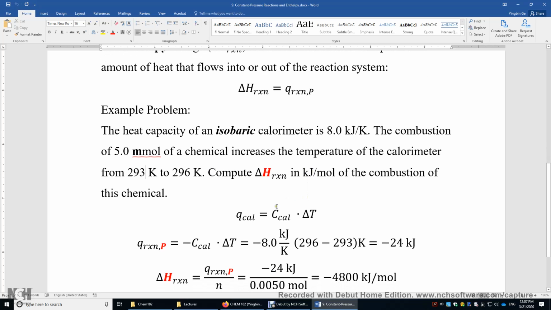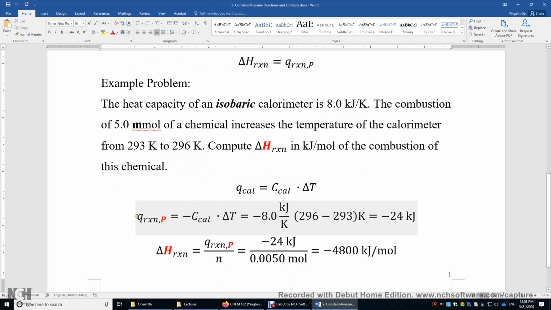So first, let's look at the amount of heat that flows into the calorimeter. It is equal to the heat capacity of the calorimeter times the temperature change. We have the heat capacity here. We compute the temperature change, and then we know the Q of the reaction equals negative Q of the calorimeter.